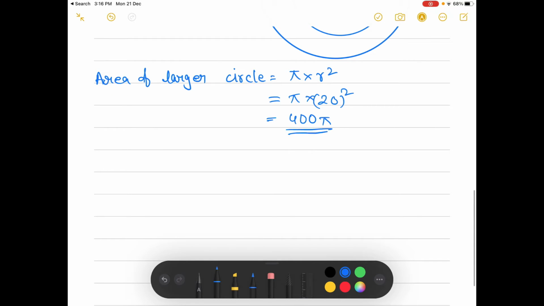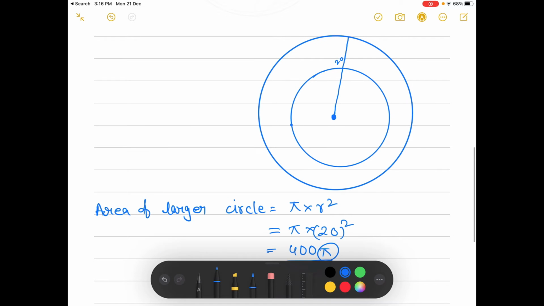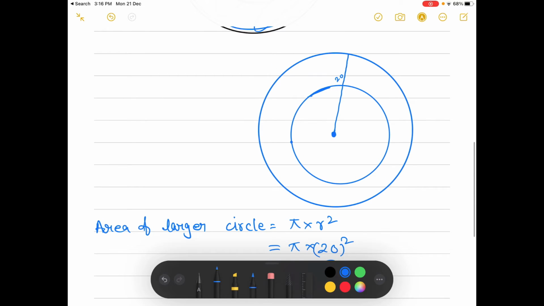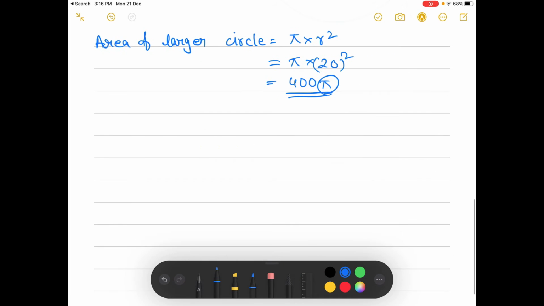We don't need to substitute the value of pi, as we also need to find out the area of this, which will also be in pi. So we will eventually cancel out the pi in both the equations, but it is necessary to mention the pi. So the area of the larger one is 400 pi.